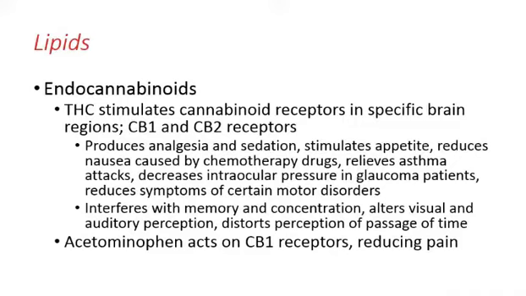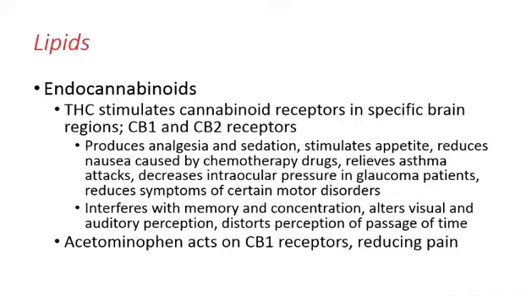Lipids. The endocannabinoids are probably the best known lipid neurotransmitter. We know that the active compound of marijuana is THC, or tetrahydrocannabinol, and THC stimulates the cannabinoid receptors in our brain in specific regions. There's two types, CB1 and CB2.